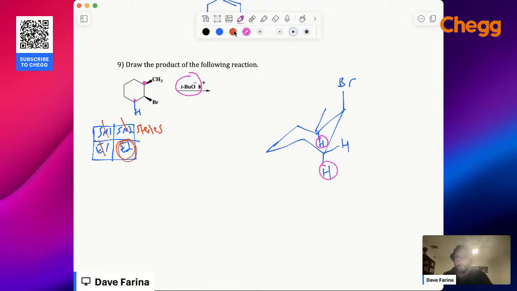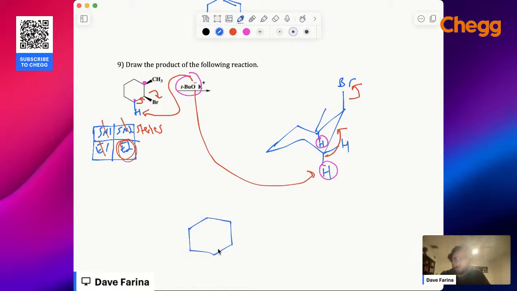Because of the sterics of the base, it is going to attack at that location, make the pi bond there, and kick that off that way. So if we're looking at it from over here, it's going to get this proton. The electrons in that carbon-hydrogen bond will form the pi bond, and these electrons will leave with the leaving group.